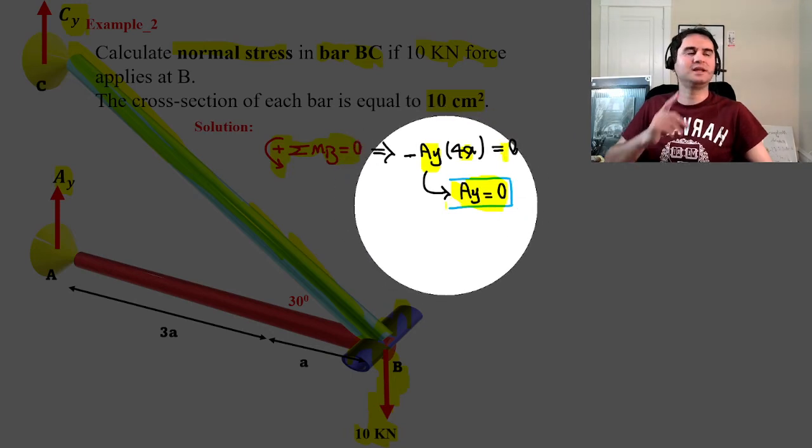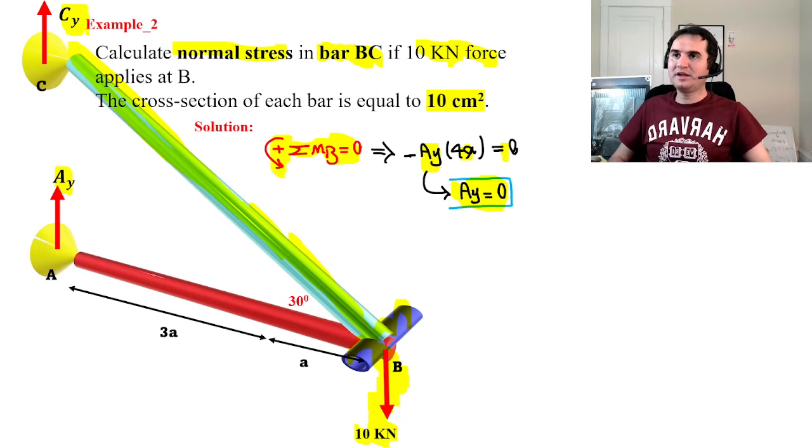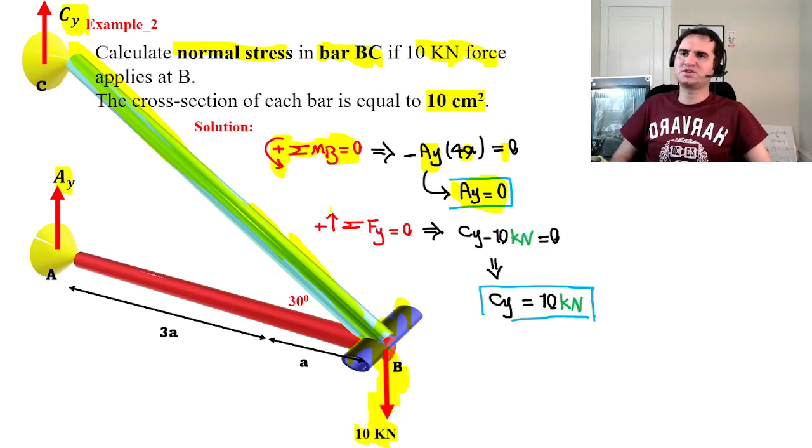It says Ay itself is 0. If Ay is 0, the summation of forces in y direction says all the 10 kilonewton should be cancelled out by the only vertical force Cy, and that says Cy is equal to 10 kilonewtons.